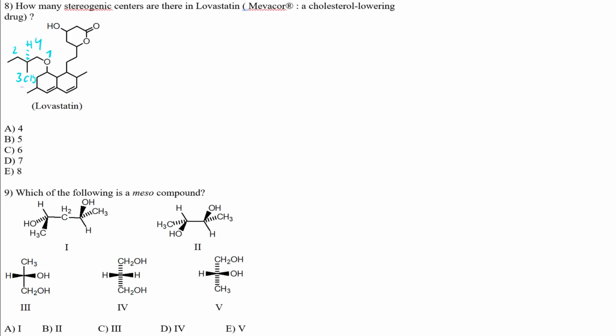Right? So we went down the line first, and I saw that, hey, I have an oxygen right there. So this CH2 is different from that CH2, because this CH2 is connected to an oxygen, and that CH2 is connected to a CH3, which is different. So it's going to be a stereocenter. So for sure that's a stereocenter, right?